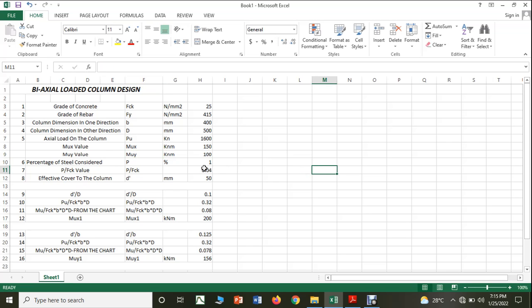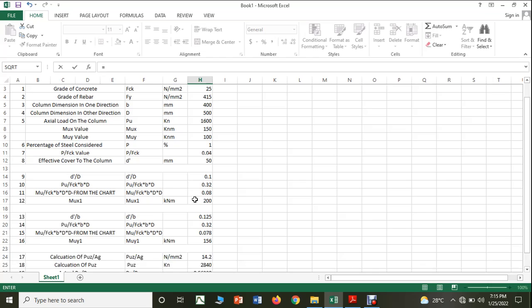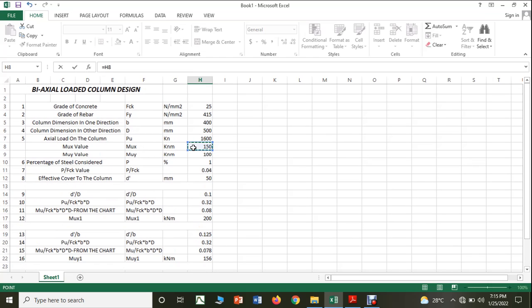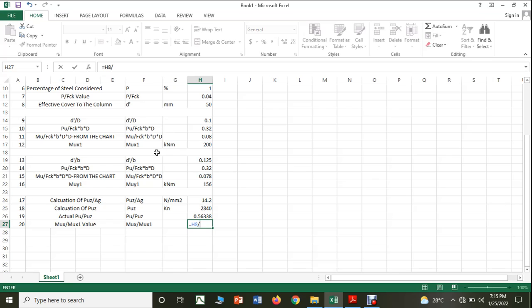So therefore, the corresponding Mux by Mux1, if I want to calculate, what is Mux, it is 150. So Mux will be 150 divided by Mux1, this one, which will be 0.75.